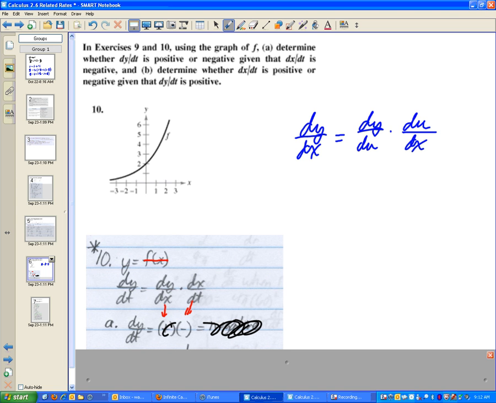Okay? Look at the function here. It's always increasing. If it's always increasing, what's the sign of its derivative? So dy/dx is positive. Positive times negative is negative.